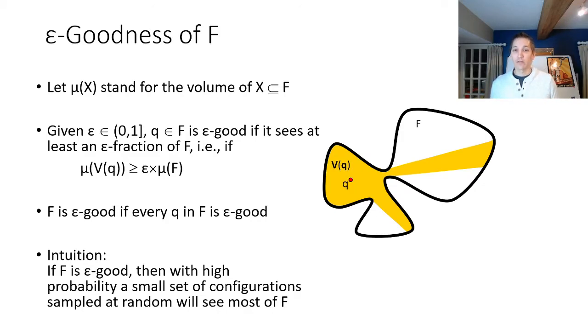More precisely, if we take the volume of the visible set of a point, then that point is epsilon good if that volume of the visible set is at least an epsilon fraction of the whole free space. And furthermore, a space is epsilon good if all of its points are epsilon good. So the nice thing about an epsilon good space, where epsilon is relatively large, is that if I sampled some number of points, the likelihood that those points see the entire space, or a large fraction of it, is going to be high.